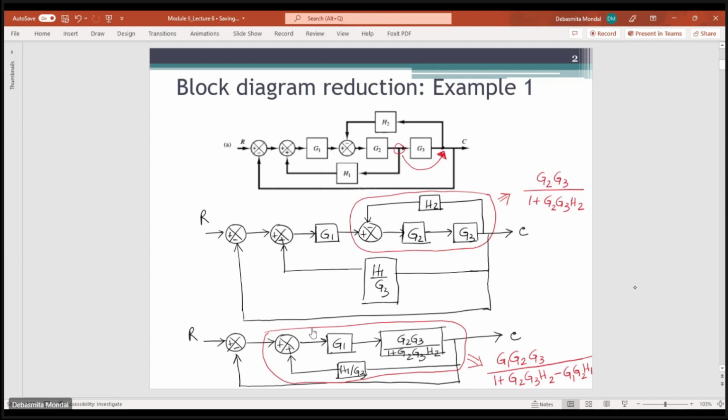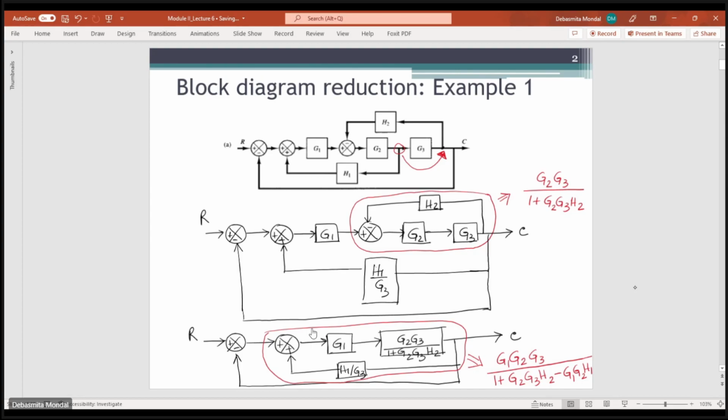Right. So the moment you change it over here, you see that you have a negative feedback loop. So you can replace this negative feedback loop with G2 G3 by 1 plus G2 G3 into H2. Now you can represent this whole thing as a single block, whose transfer function is given by this. So you have G1 over here, and these three blocks have been simplified by this one single block, and the rest of the blocks remain the same.